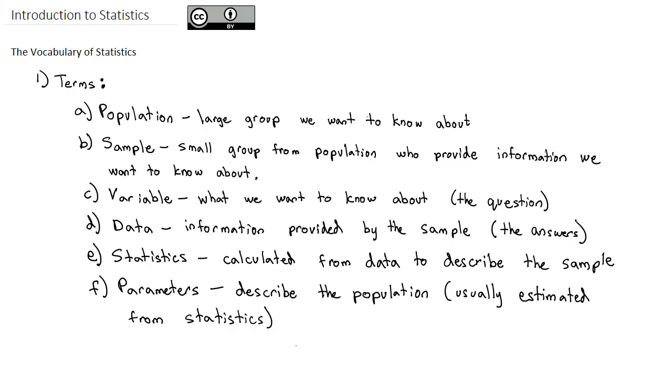For example, if 30% of the people in my sample supported this political issue, I might estimate that that same percentage of the entire population of all voters support that political issue.